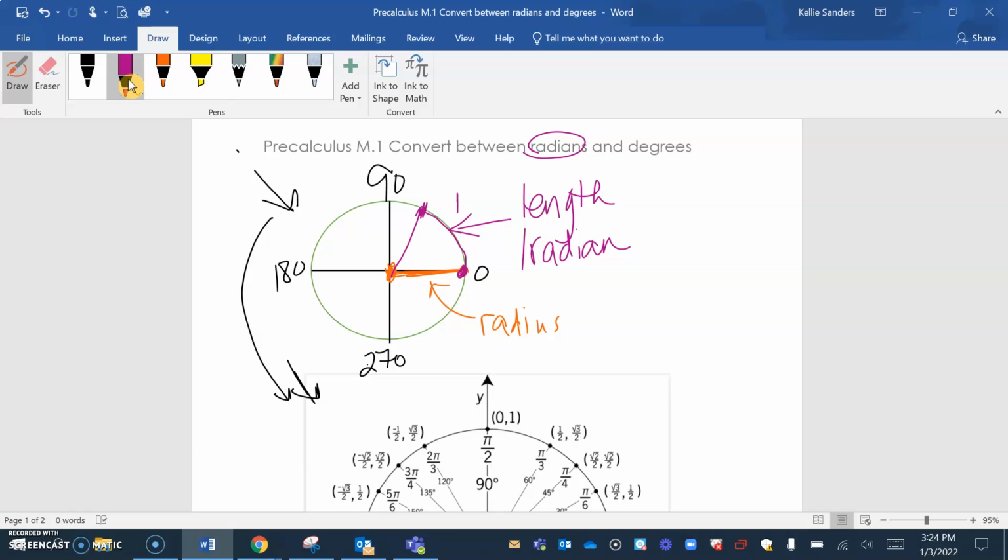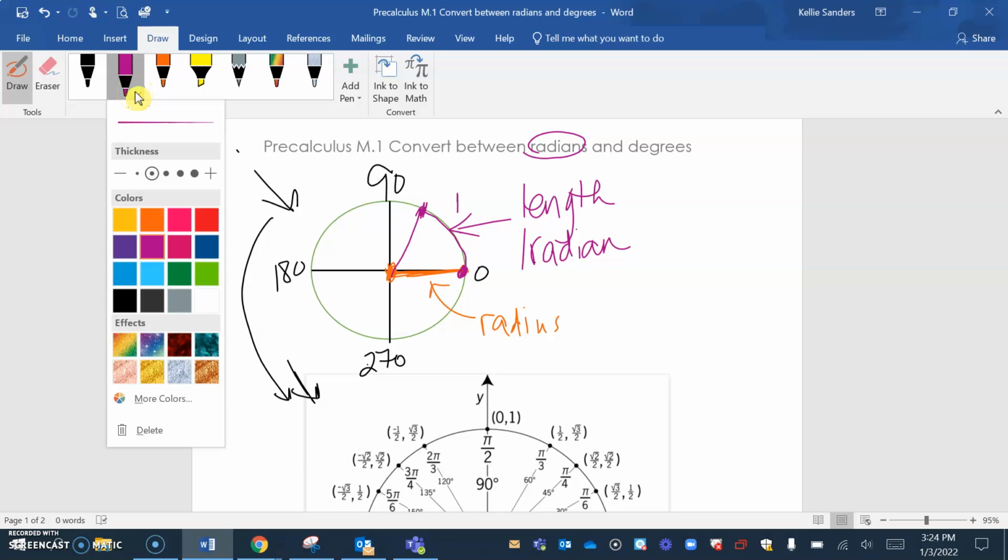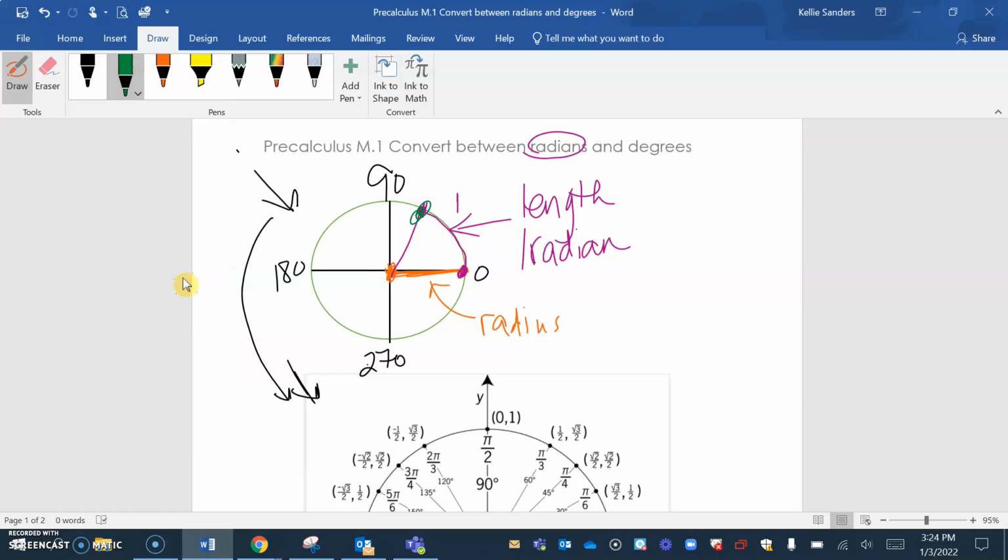Then if I do it again, change colors. If I pick up the string and I put it at the end of the radian that I just found and did it again, it would stop about right there. So the green is 1 radian.